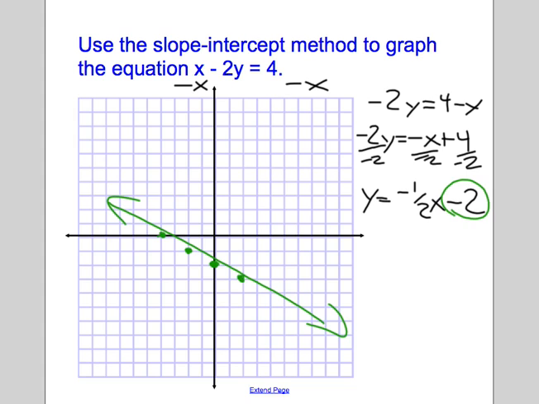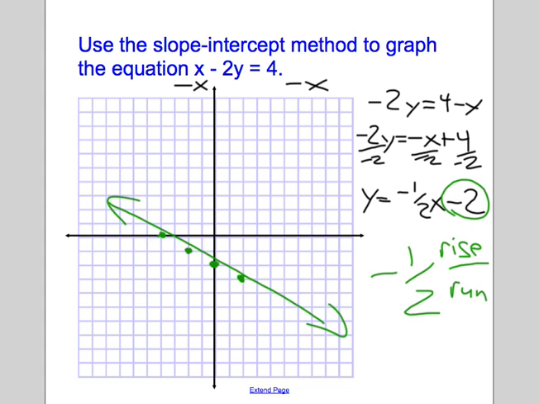Yes? Can you explain the last thing you just did? How do you know which way to count over? Like for the 1 over 2, how do you know which way to count over? That's the slope, and we know slope is rise over run. So the top number has to be the up or down, and the bottom number is the right or left, the run.